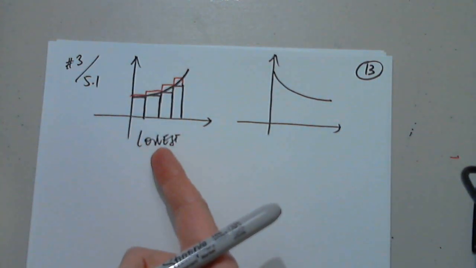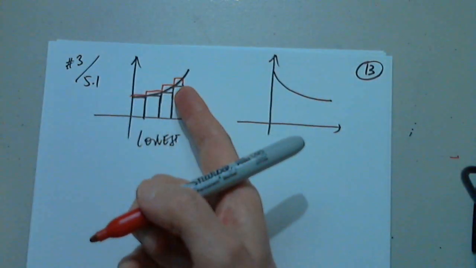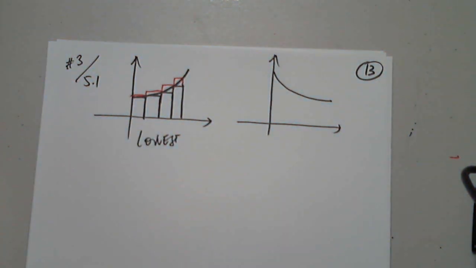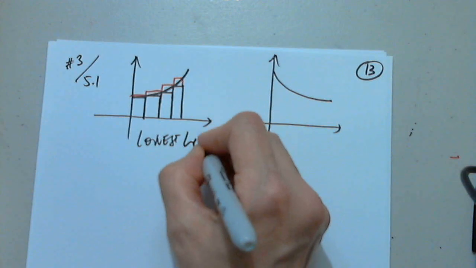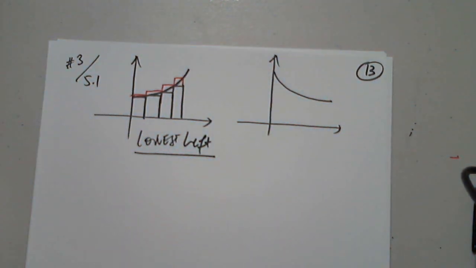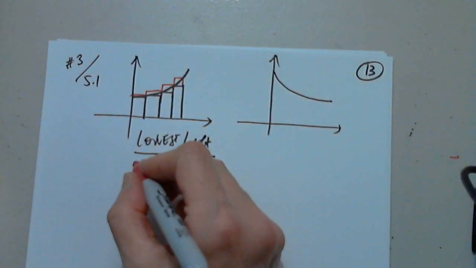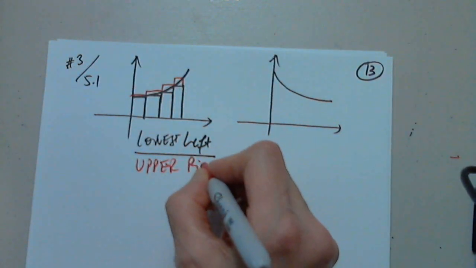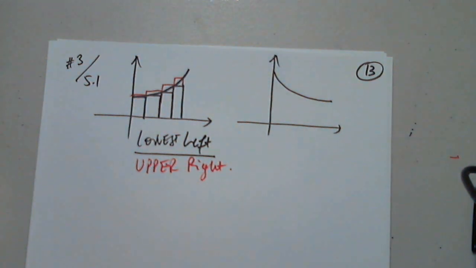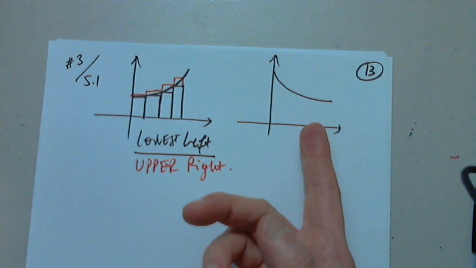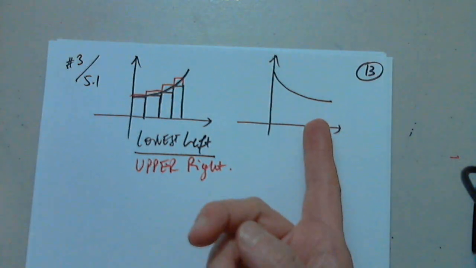So the leftmost point is the underestimate, and the rightmost point, so upper, is with the right, if the function is increasing. And of course it's reversed if the function is decreasing.